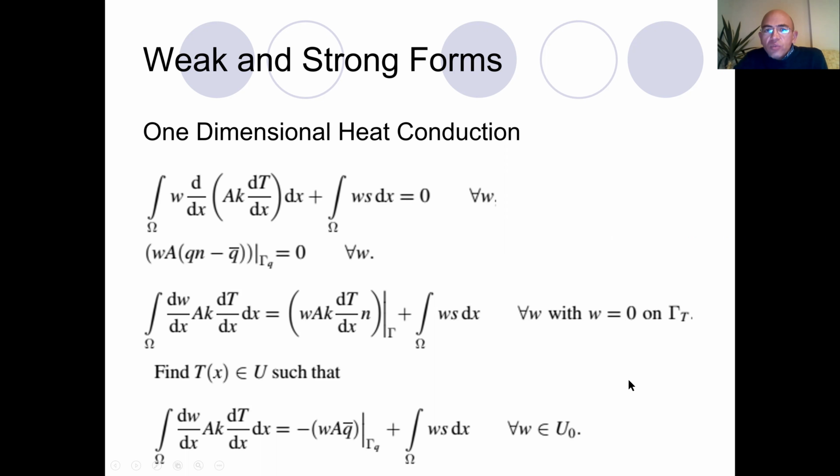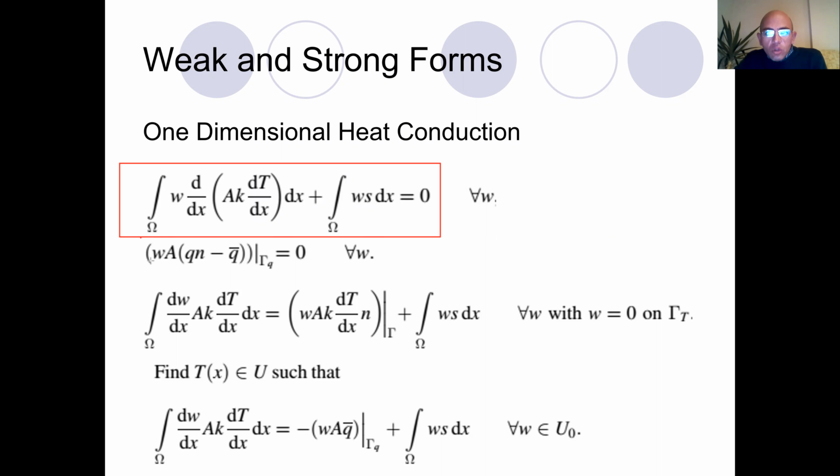Let's obtain the weak form for the heat conduction problem. Again, we begin by weighting the strong differential equation which represents the heat conduction in the domain, and then we apply integration by parts. Certainly, in the domain, this integral has to be equal to 0.